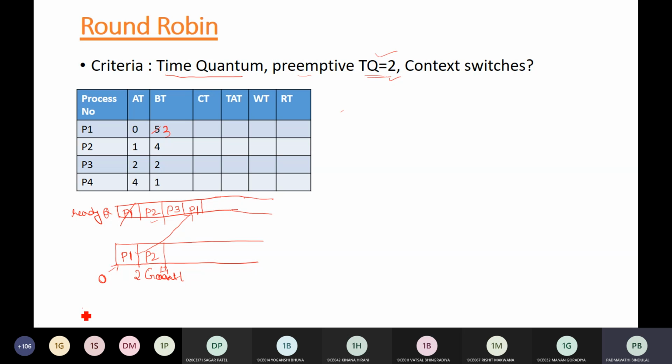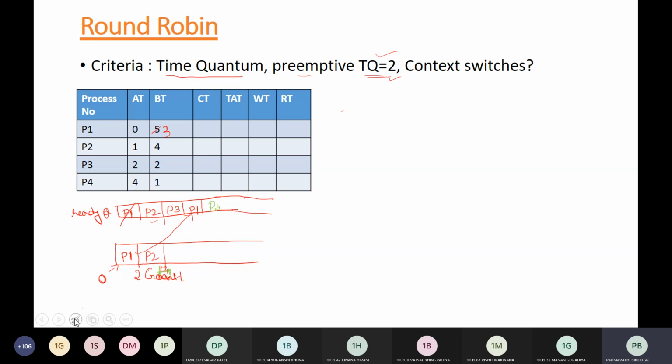So here the time will become 4. Now at the 4th instant, see how many processes are available in your system. At the 4th instant, if you look at the arrival times, you already have P4 in your system.